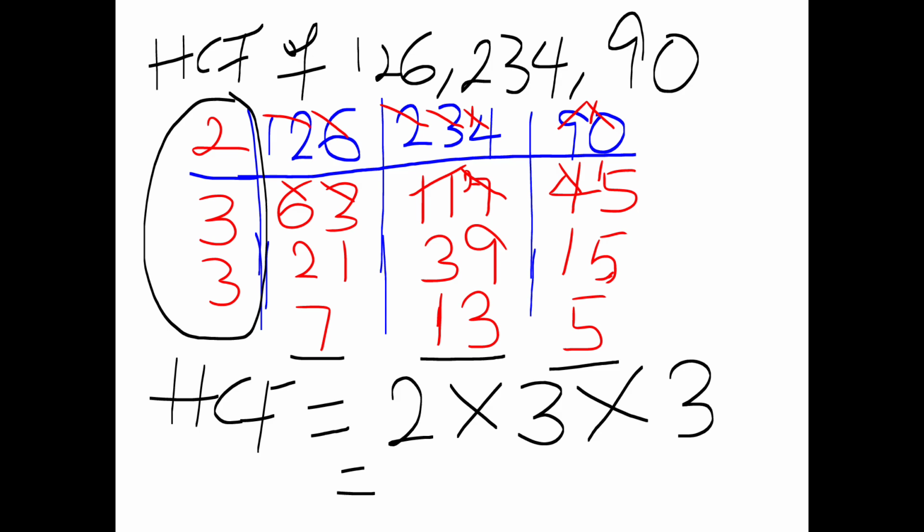And 6 multiplied by 3 will give us what? 18. Very good. Do you see that? Finding highest common factors of numbers, no matter how big, is easy to get. Just follow the process and you get your answer. Do you get that? Very good.